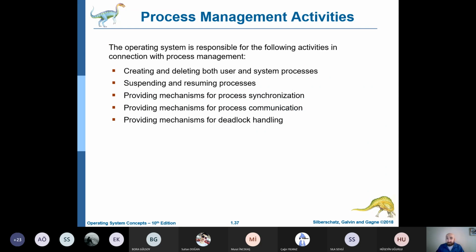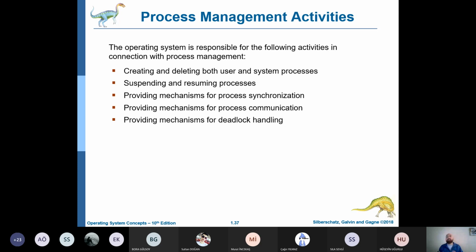The operating system is responsible for these activities in connection with process management: creating and deleting both user and system processes, suspending and resuming processes, providing mechanisms for process synchronization, process communication, and deadlock handling.